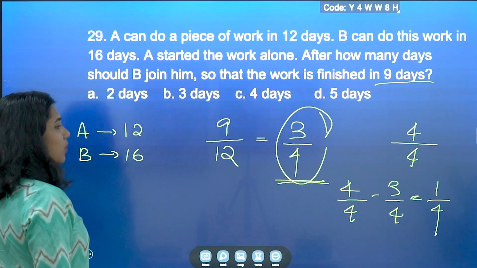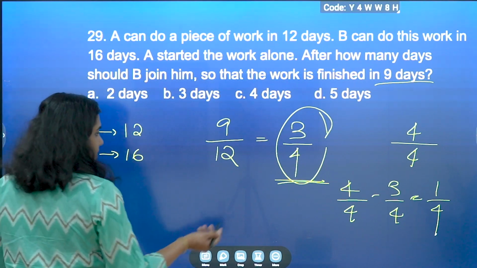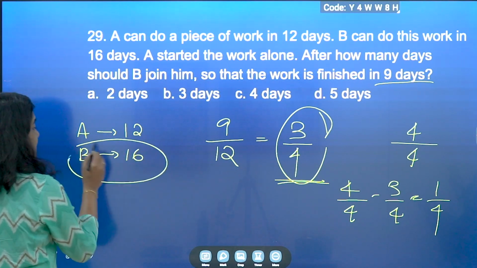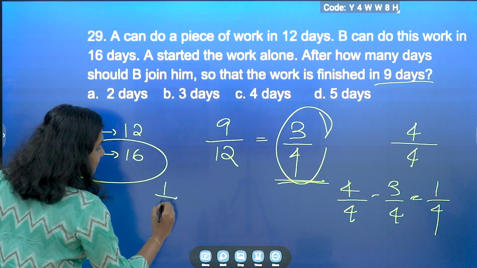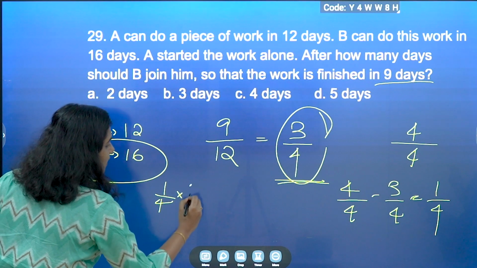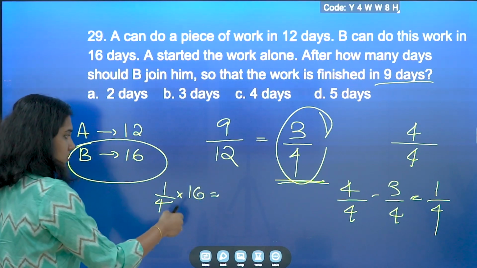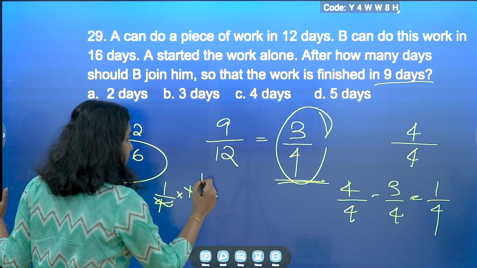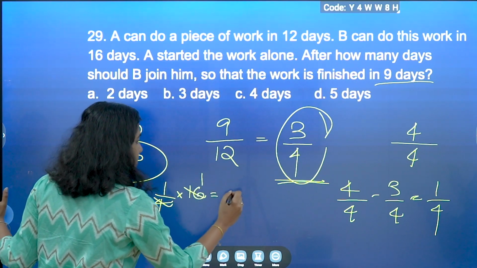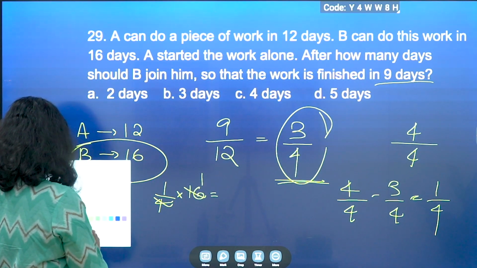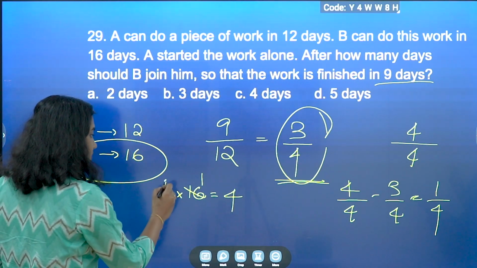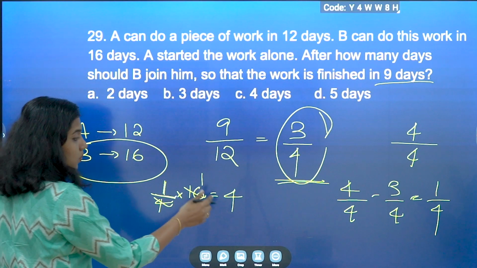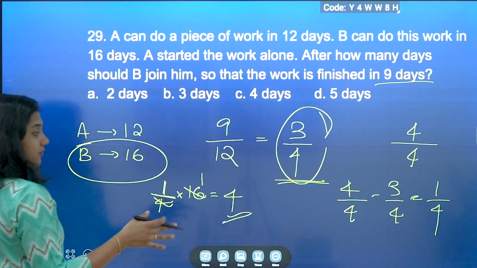So now you have to find the days, right? B usually takes 16 days to complete that work. So 1 by 4 into 16 will give you the number of days B worked. That is 4. So B worked for 4 days.